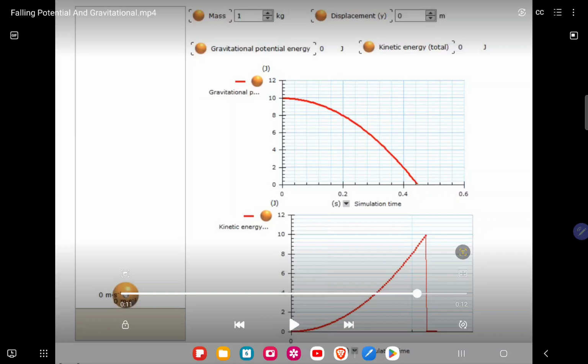Now the maximum kinetic energy we obtained here is 10 joules, and the gravitational potential energy is equal to 0. All the potential energy turns into kinetic energy and vice versa.